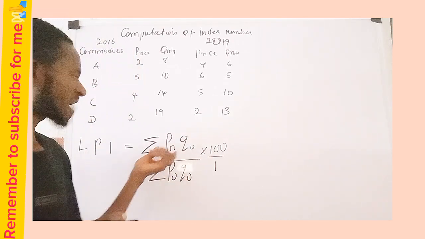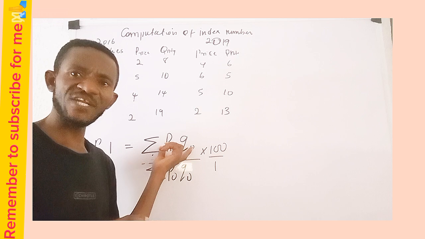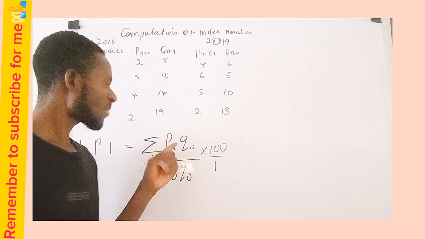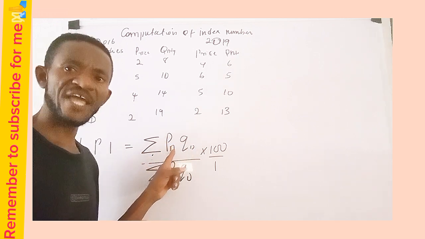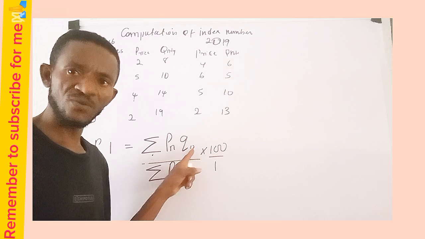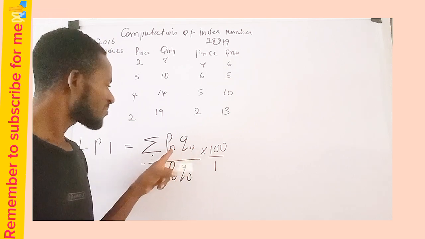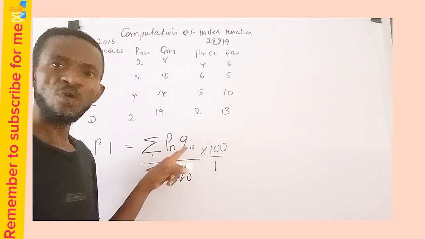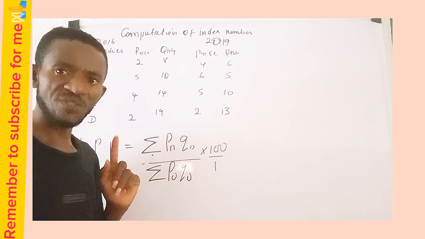I want us to carefully look at the numerator. If you look at the numerator, you find out that we have the product of P_n and Q_0, which is talking about price in the given year multiplied by the quantity in the base year.